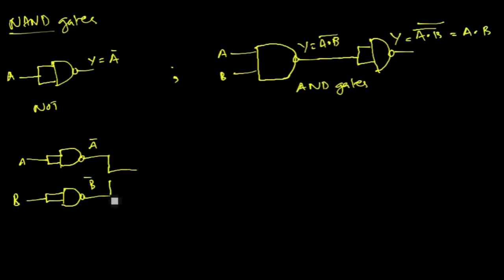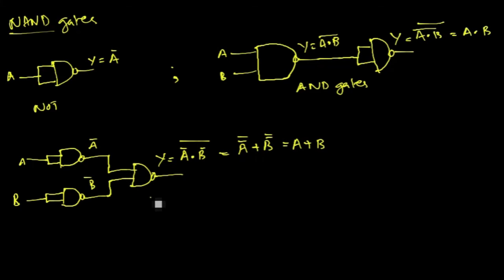Now if you give this to another NAND gate, then the output Y will be (A complement and B complement) complement, which is equal to A complement or B complement... according to De Morgan's theorem, which is equal to A or B. So Y equal to A or B is the output of this circuit, which forms an OR gate.